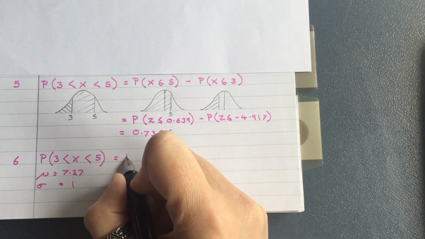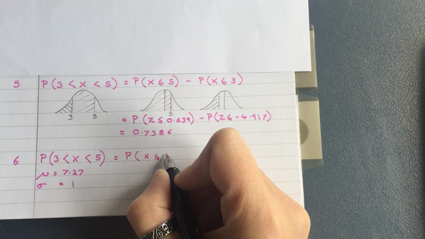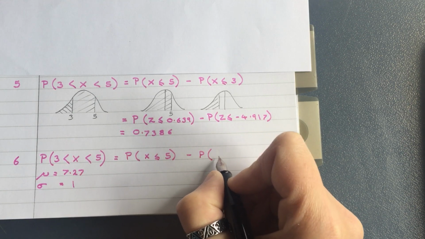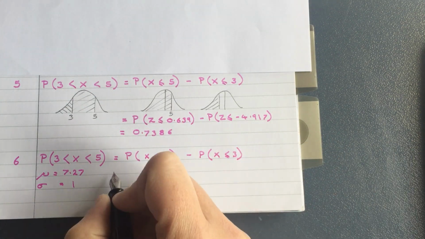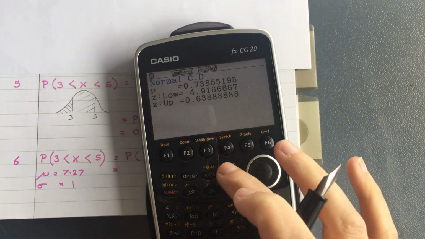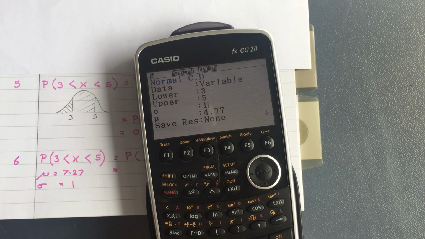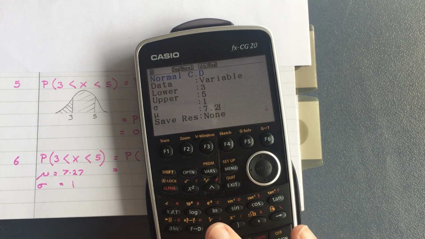So we're going to need to look at the probability that x is less than or equal to 5, probability x is less than or equal to 3. So we've got our new standard deviation and our new mean.